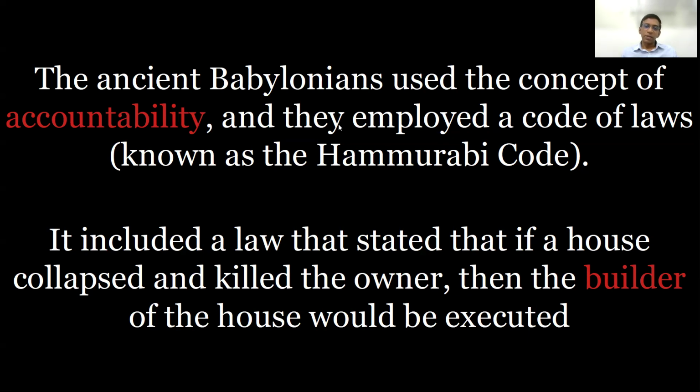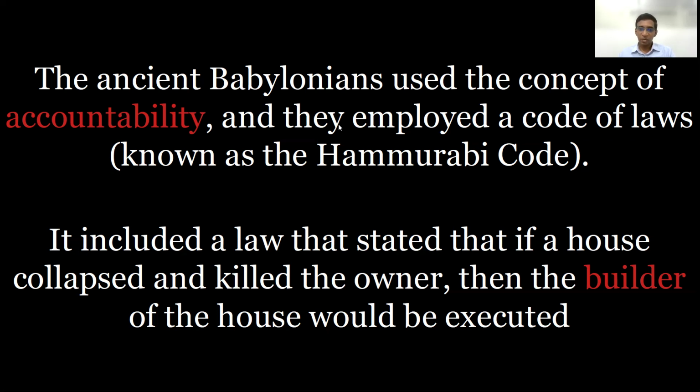Right? Now, here's another very interesting concept from Babylonia, a long time ago, thousands of years ago. So they had a concept called accountability. What is that? In fact, they had a name, the Hammurabi Code. So they have a concept called the Hammurabi Code, which is to do with accountability. Accountability is who is responsible, right? Now, look at the second part. It says it included a law that stated that if a house collapsed and killed the owner, the builder of the house would be executed.